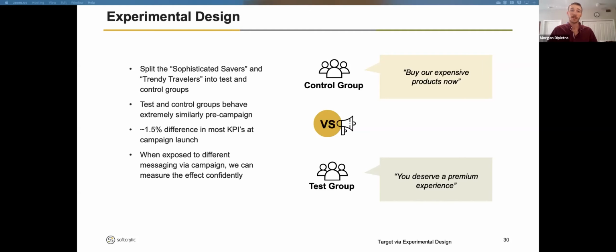So you have a test and control group that both spent the same amount of revenue last year, both had the same number of flights, and both have the same tier members. So we see that those test and control groups are basically the same persona. Now when we expose them to this messaging, we can feel confident that we can measure the effect of that messaging. The only thing different between these two groups now is essentially the messaging that we're showing them.